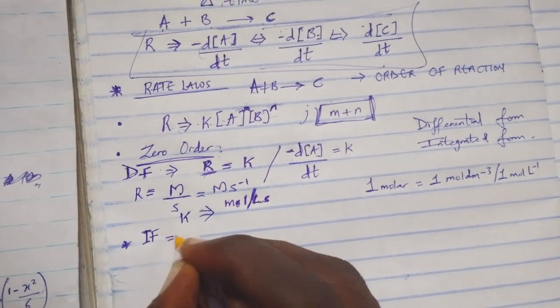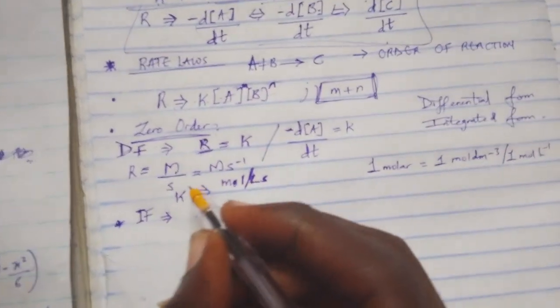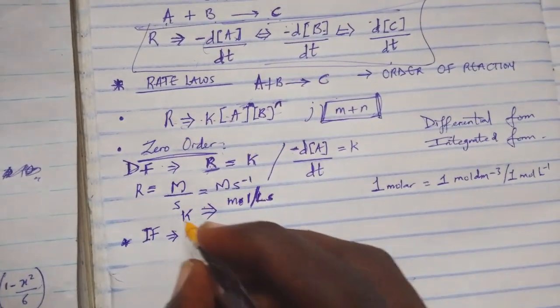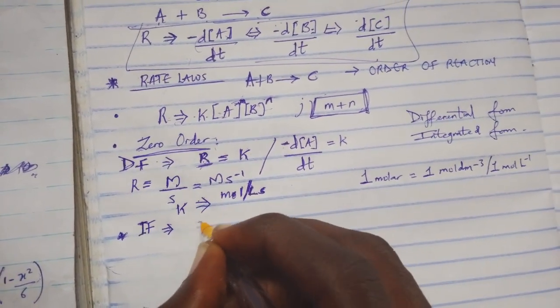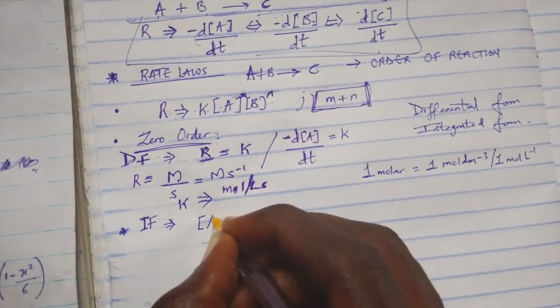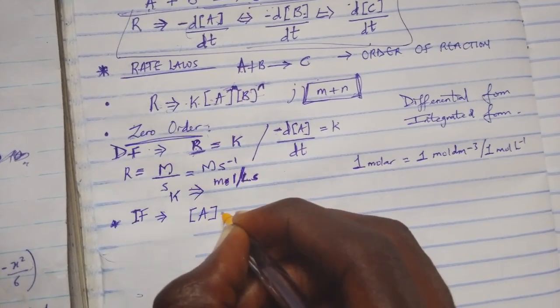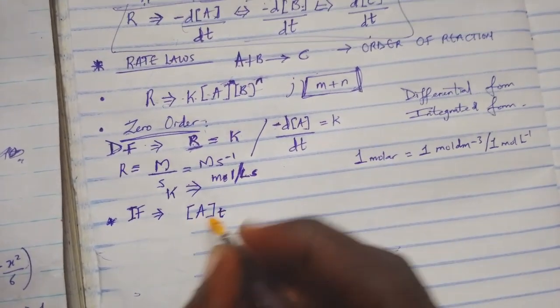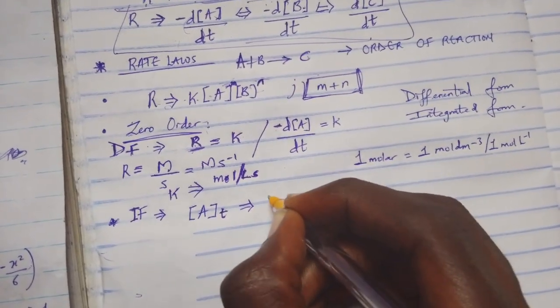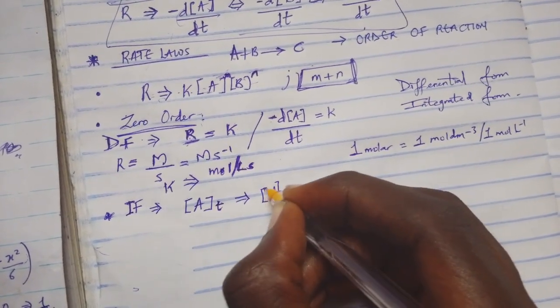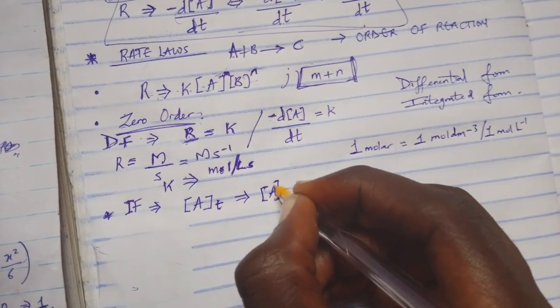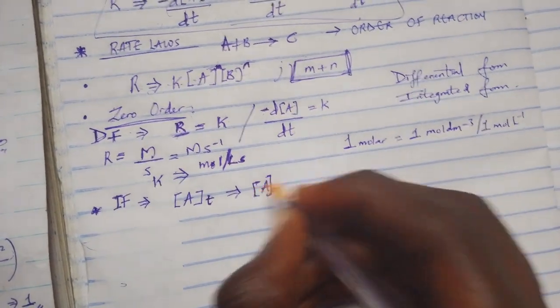So the integrated form, the formula there is that we have to know the concentration of A at time t equals something of this nature. You see, when I'm putting square bracket, it simply means the concentration.